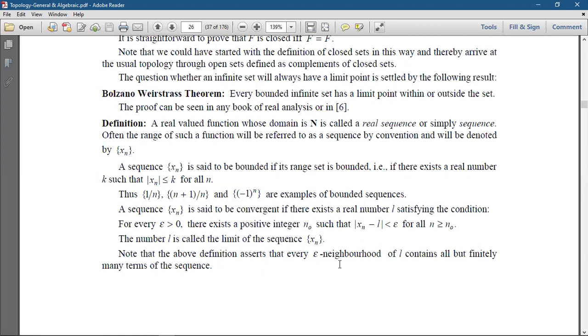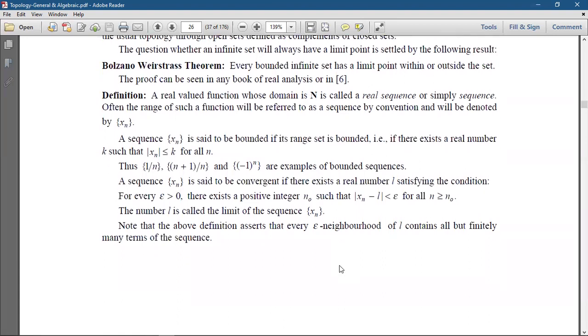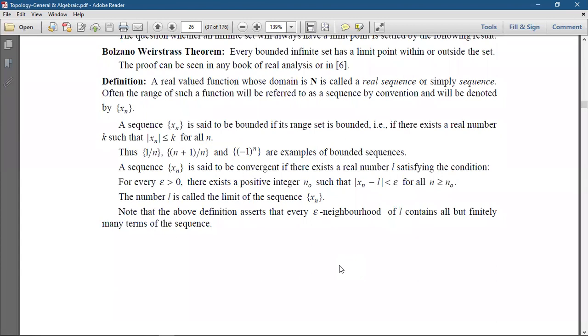Now let us define some basic terminology. The first one is the sequence. A real valued function whose domain is N, the natural numbers, is called a real sequence or simply a sequence. Often the range of such a function is referred to as the sequence for convenience and is denoted by the sequence {x_n}.